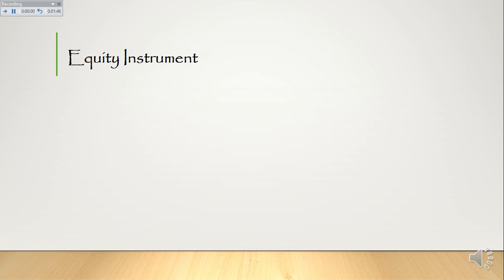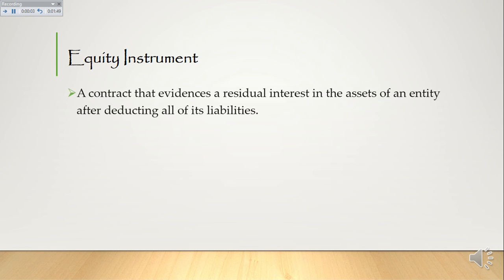So what is an equity instrument? It is a document that acts as legal evidence or proof of ownership rights, like share certificates in a company or business firm.